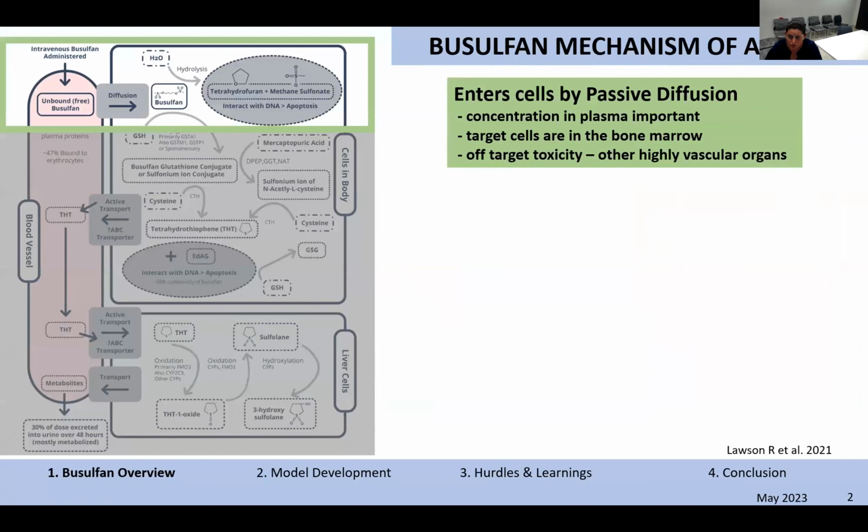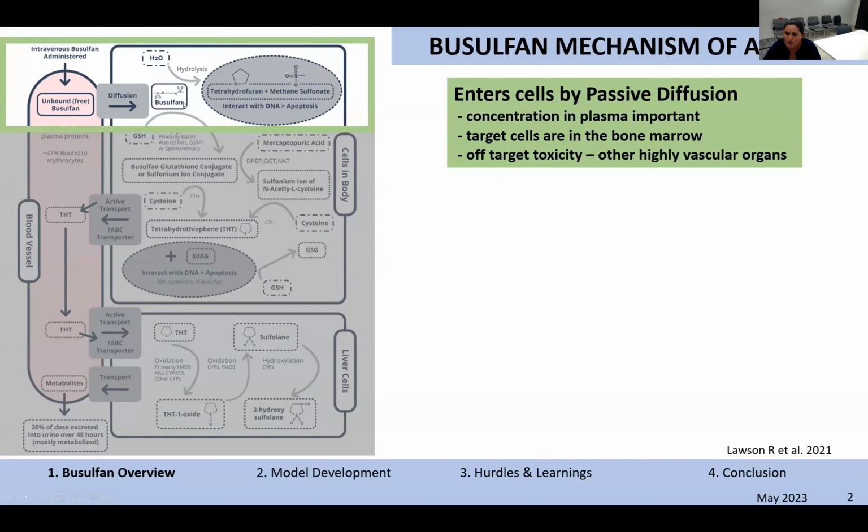Busulfan's metabolism is very complex and not fully understood just yet. But we do know that unbound busulfan diffuses passively through the cell membrane, and a large portion of it undergoes hydrolysis to the active moieties, which then interact with our DNA and result in apoptosis. So the concentration in the plasma is important because it is passively diffused.